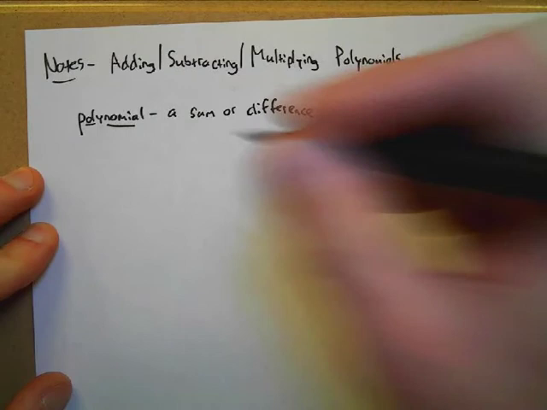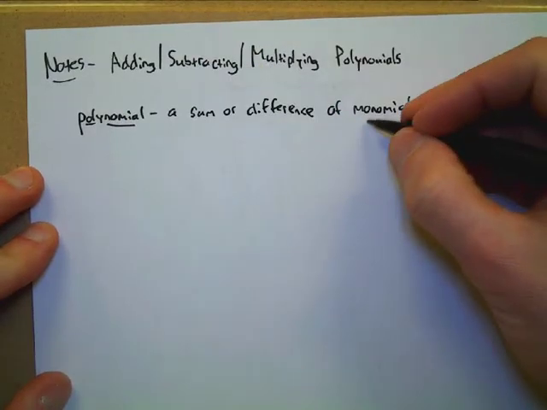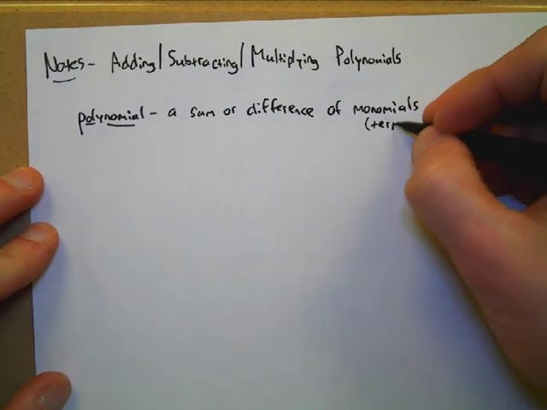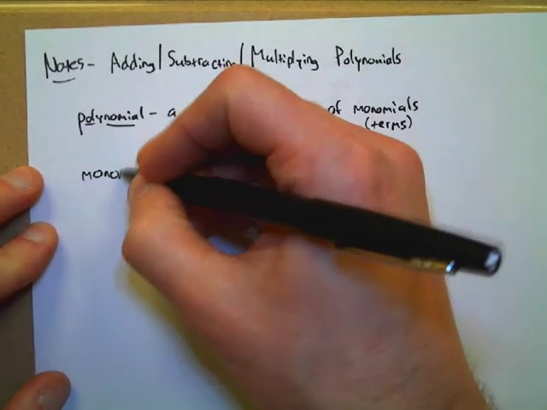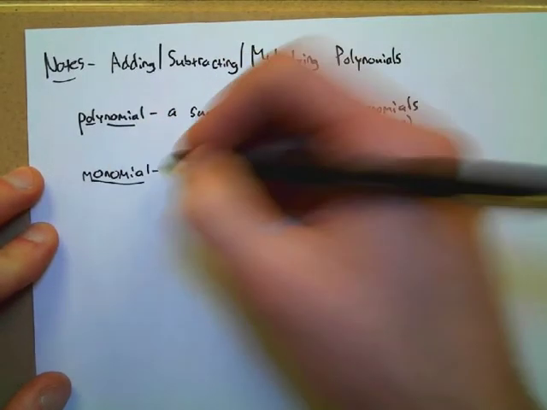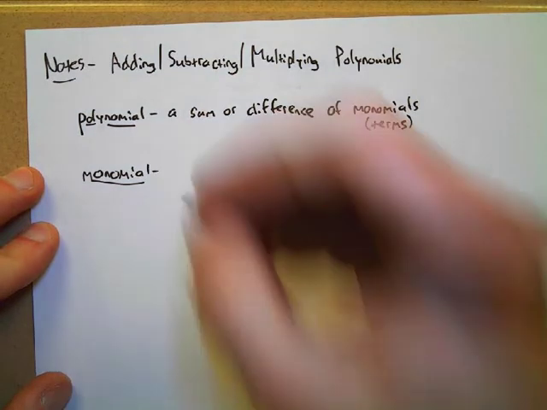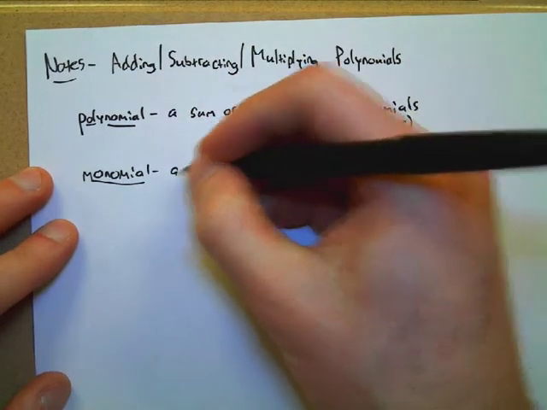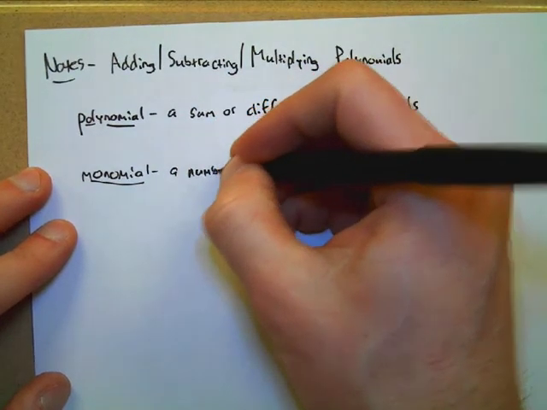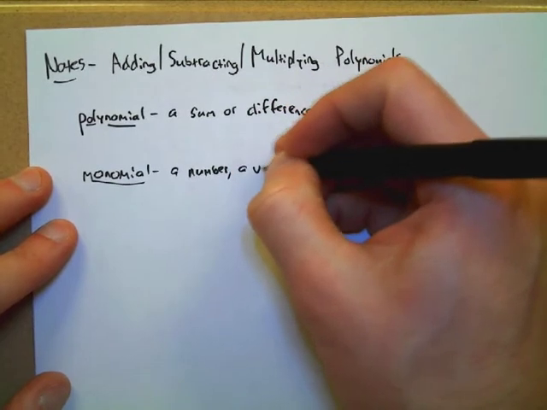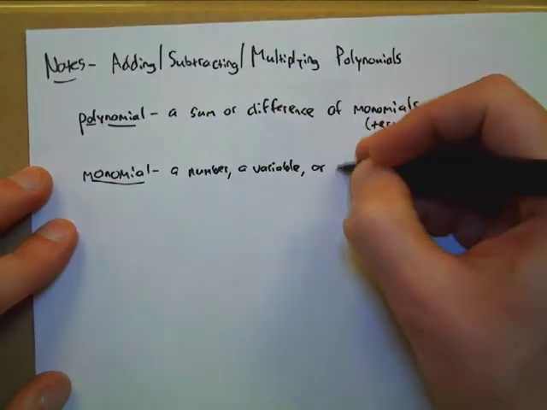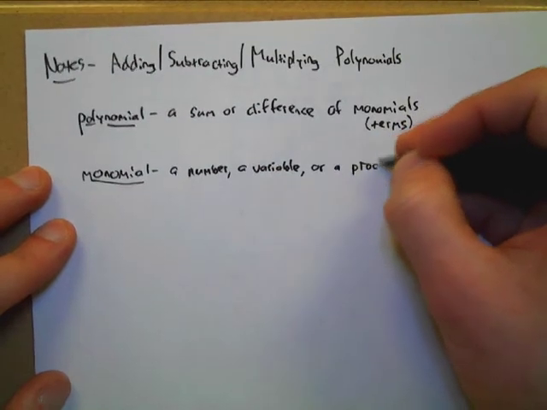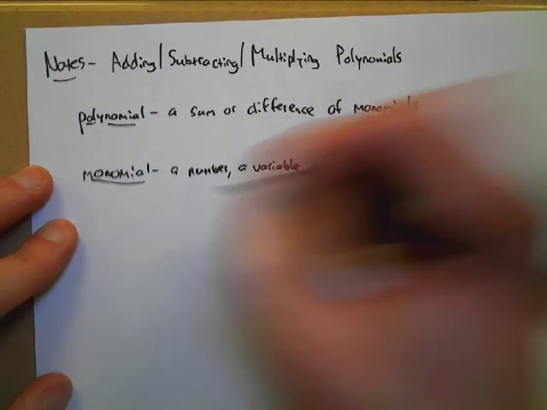Sometimes the monomials are also referred to as terms. And a monomial is a number, a variable, or a product of numbers and variables.